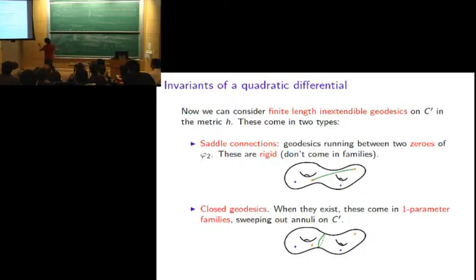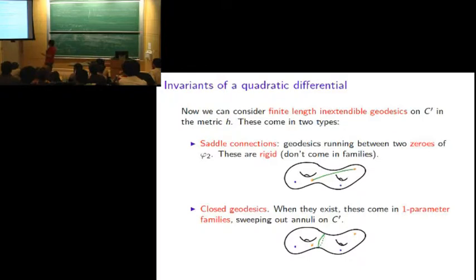Now, if I have a trajectory that runs into one of the zeros of phi2, then I also have to stop because the metric is singular there. And so one special thing that can happen is you can have a finite length trajectory that just runs from one zero to the other. So let me call that a saddle connection. And if you have one of those things, it's rigid. It doesn't come in a family.